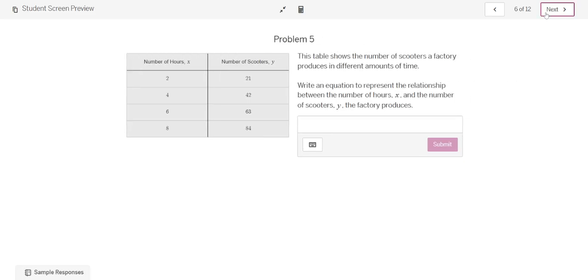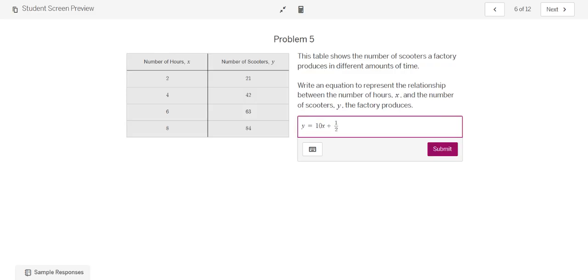So here we go. I see that it's like 2 times 10 plus 1, but then 4 to get to 40 is 4 times 10 plus 2, and 6 is 4 times 10 plus 3. So I almost set it up like you start with Y, the number of scooters, equals 10 times x plus 1/2 times x.